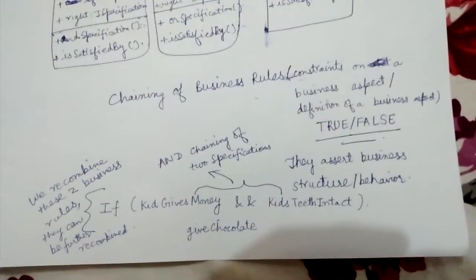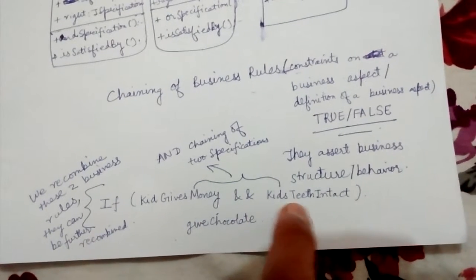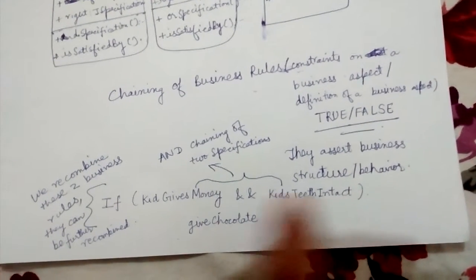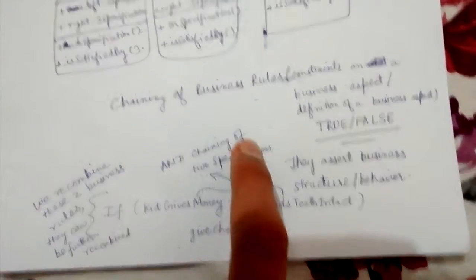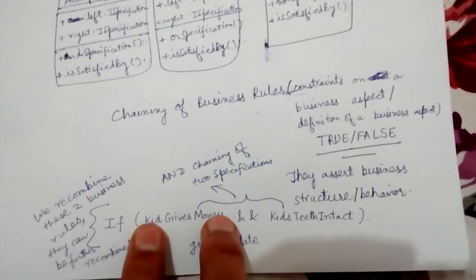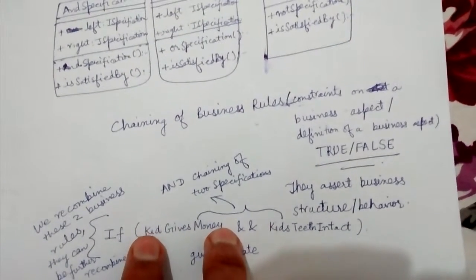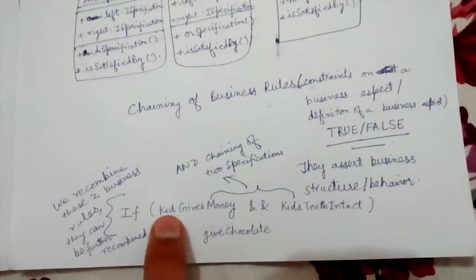If the kid gives money and the kid's teeth are intact, give him chocolate. So this is the and chaining, where we are basically using AndSpecification. This is one business rule, kid gives money. This is represented by one of the ISpecification subclasses.